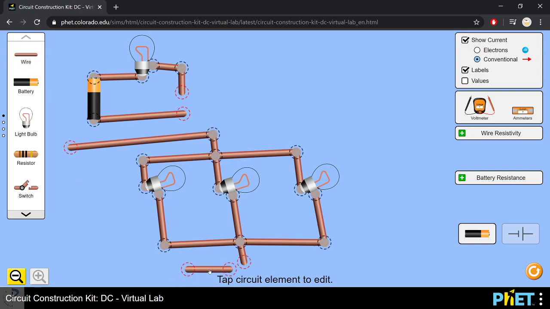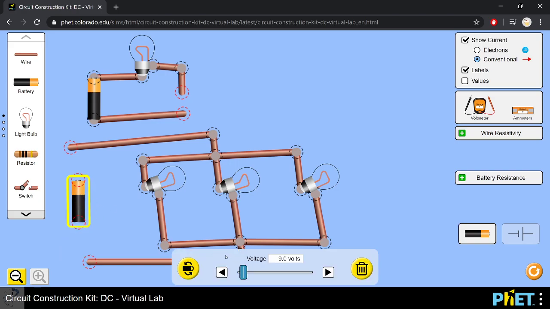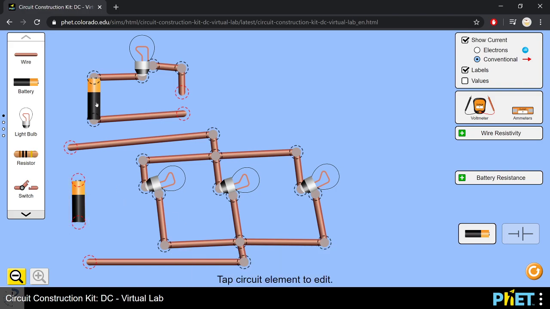Just now that I think about it, I could have done it in vertical orientation, but too late now. And let's make sure that we have the same voltage. Okay, so 30-volt battery, right?